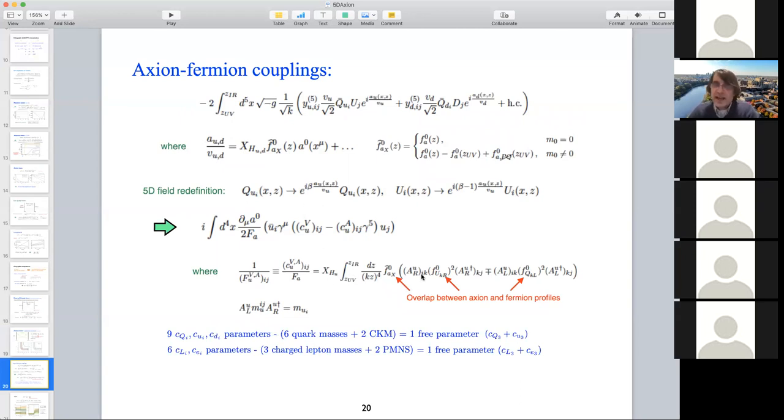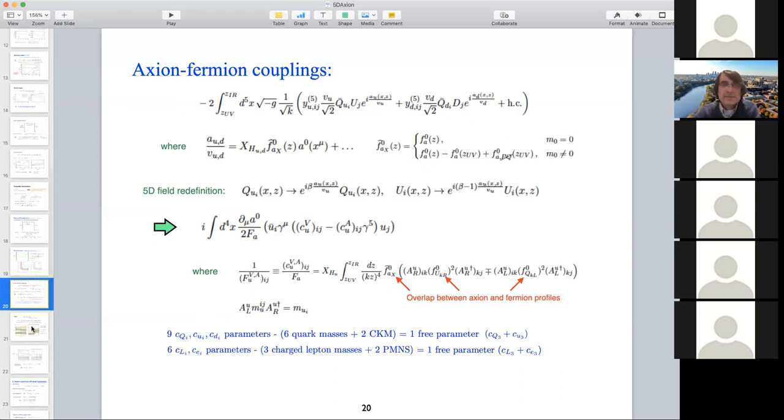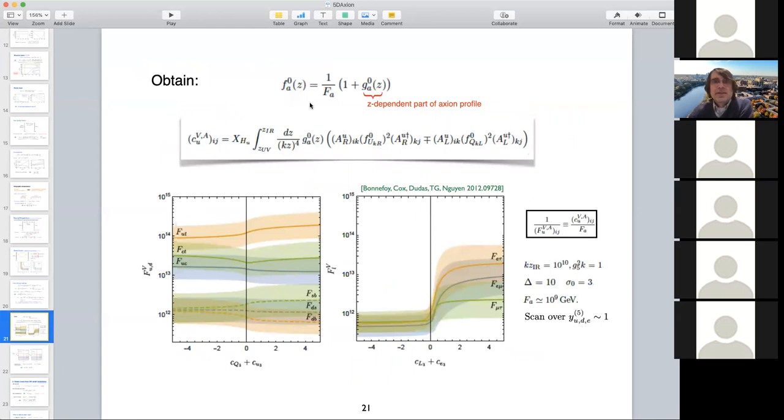but let me just say that the Axion-fermion couplings are generated from an overlap of the axion that lives in the bulk and the fermions that live in the bulk. So when you integrate over the fifth dimension, you'll generate this Axion-fermion coupling. Let me just go to the result here. Here is the Axion profile.